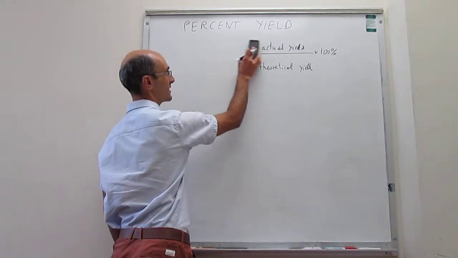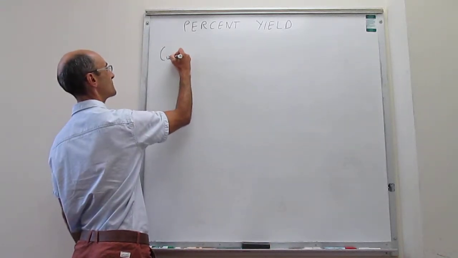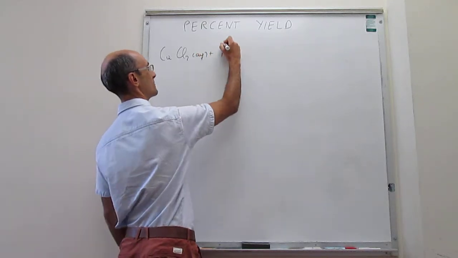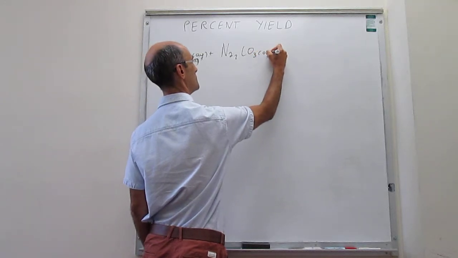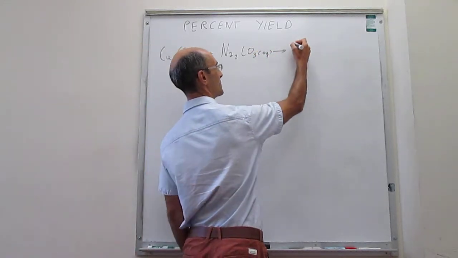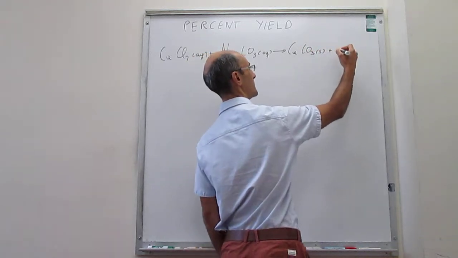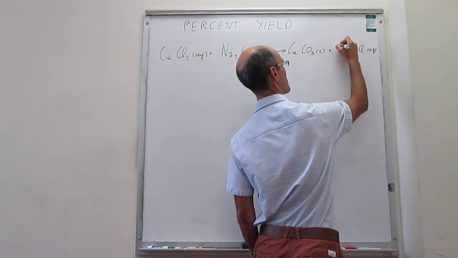The reaction that we're going to be talking about is calcium chloride in aqueous solution reacting with sodium carbonate, also in aqueous solution, to generate calcium carbonate, which is a solid, and then sodium chloride, which is in aqueous solution.